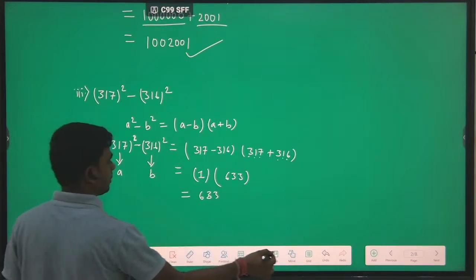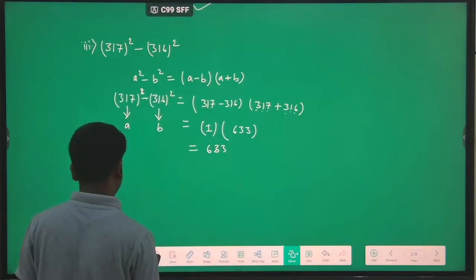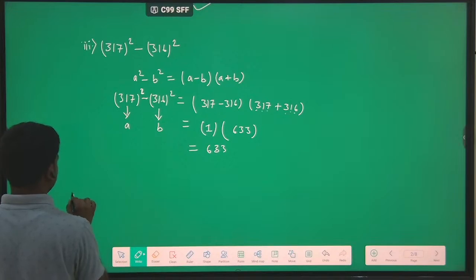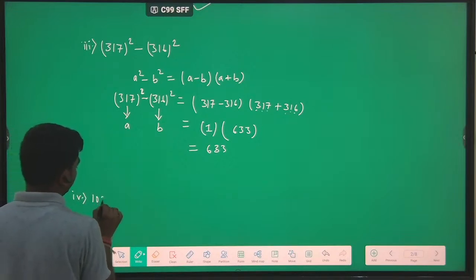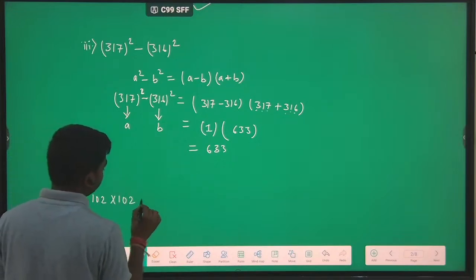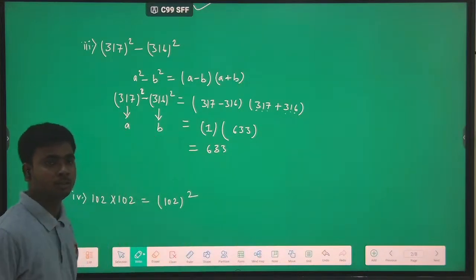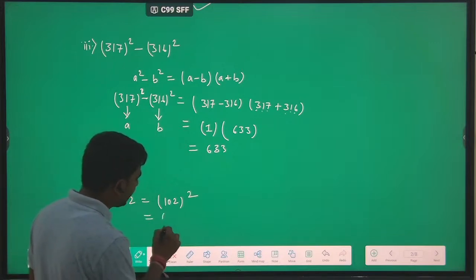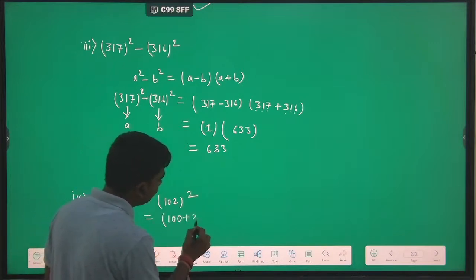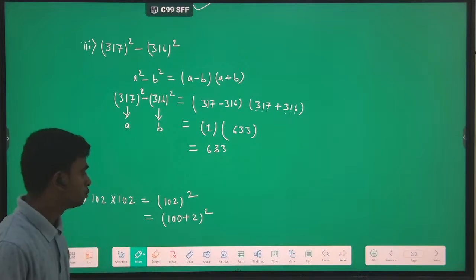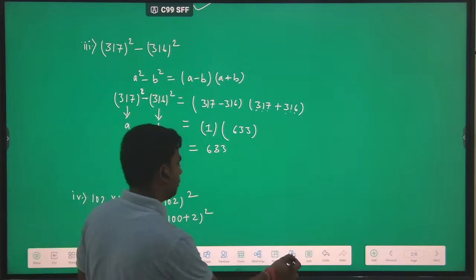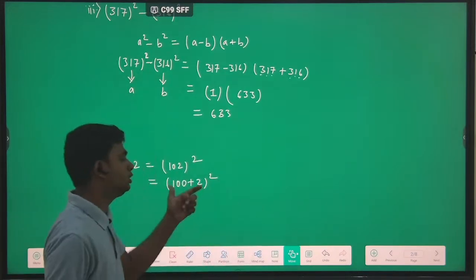This 102 into 102 is actually 102 whole square. Now this 102 whole square can be written as 100 plus 2 to the power 2. So it can be written in the form of a plus b whole square.